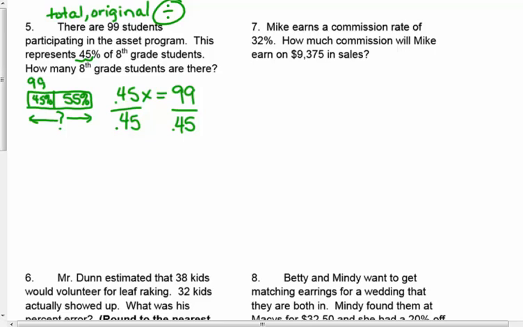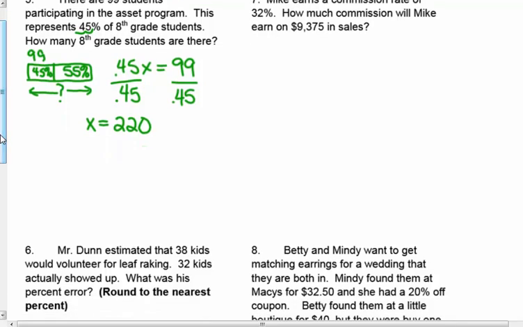You're going to have to divide to get that total. So my X ends up being 220 when I divide that. Yeah, that seems reasonable that there's 220 8th graders. I bet there is. So how many 8th grade students are there? There are 220 8th grade students.